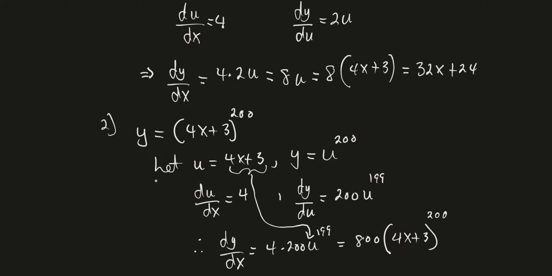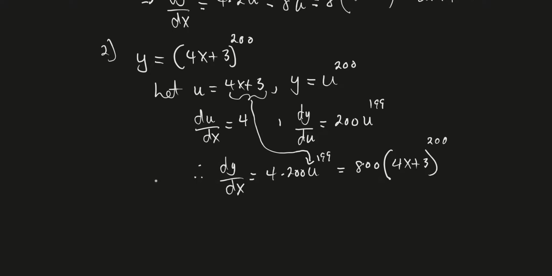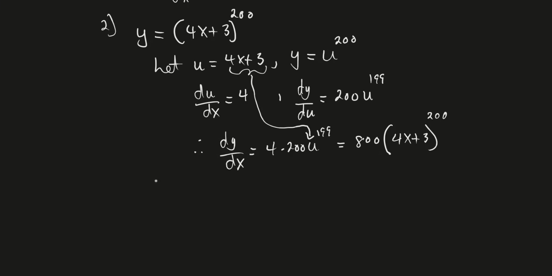Let's do just a couple more examples, not necessarily using these specific types of functions, but other types. Let's say your y is the fourth root of 3x cubed minus 4x squared plus 8x plus 10.